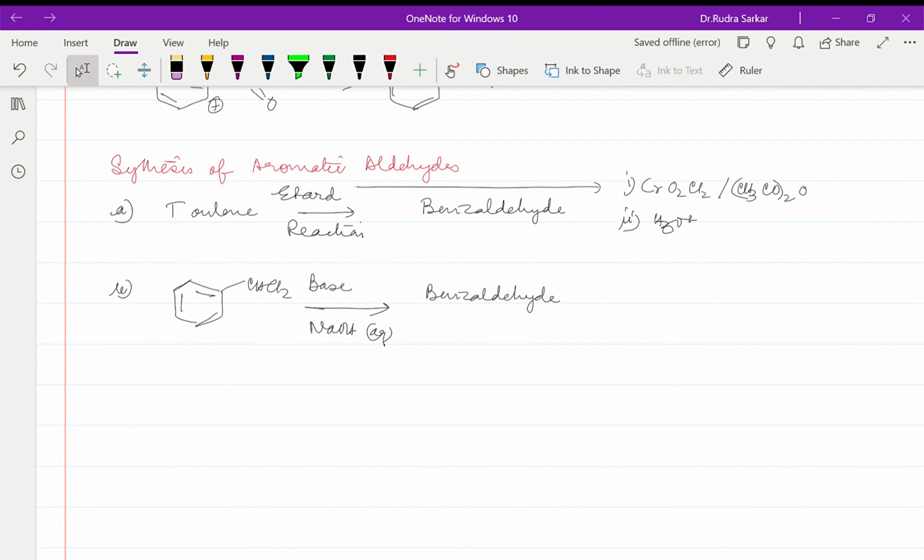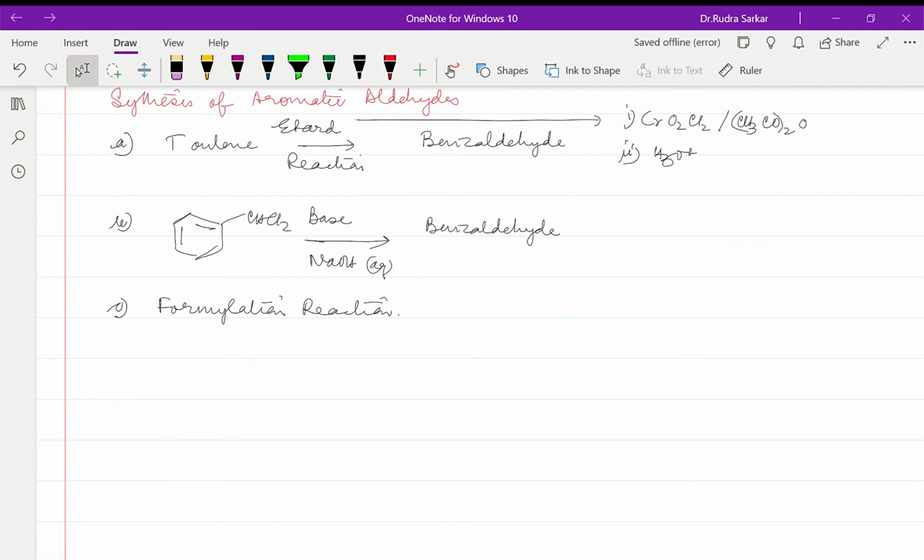Other procedures can be formylation reaction, but formyl chloride is unstable and too reactive. So there are two to three synthetic pathways by which this reaction can be done.